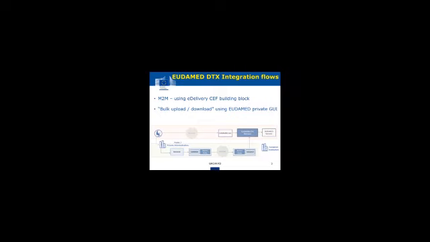The other way, to obtain the same achievement in a manual way, is to go into the Udamed GUI and upload the data yourself in the same format that you would use in the machine-to-machine way.